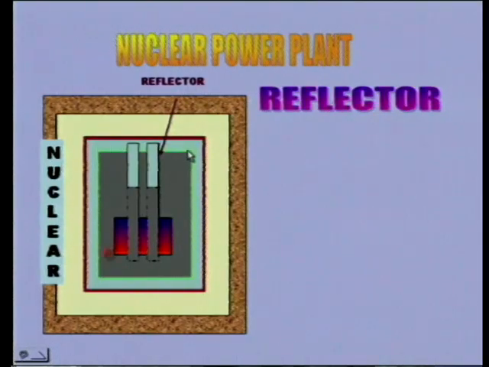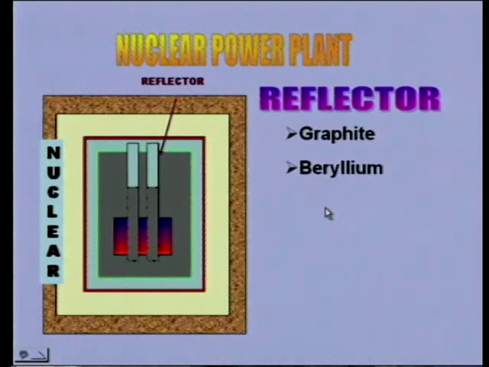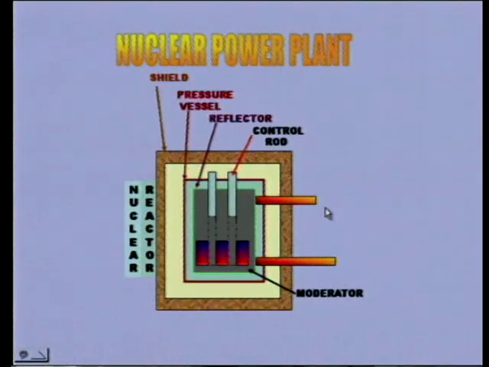So, the materials that are used as moderators can as well be used for reflectors. The materials that are used are graphite and beryllium. Okay. These are the two materials that are used as a reflector.